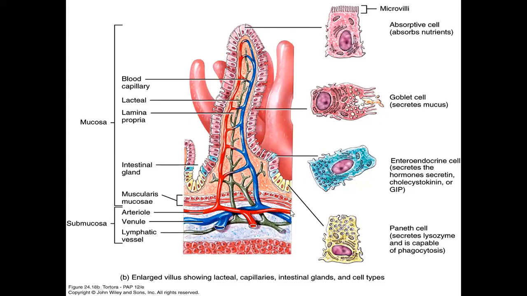From the hepatic portal system all of it goes to the liver. Inside the liver, non-glucose sugars, your fructose and galactose, will all be converted into glucose, and then glucose will be taken up by the cells through facilitated diffusion.